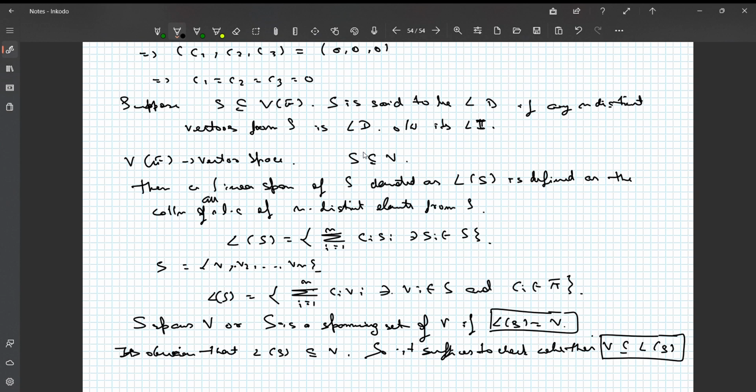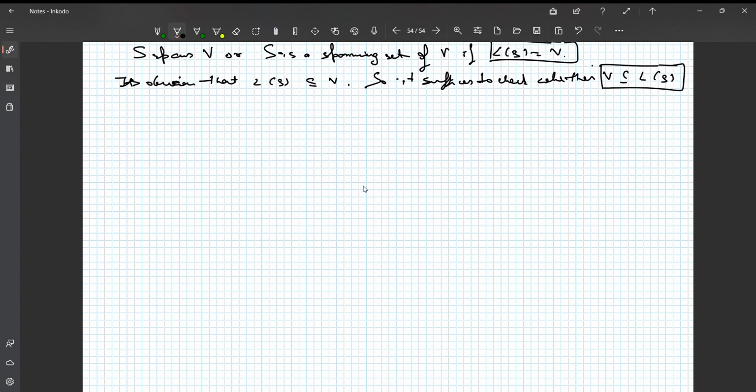Okay. So these are the basic definitions we actually require to have a conceptual understanding of what a basis is. So now we come up to the definition of what a basis is. Let V over F be a vector space.